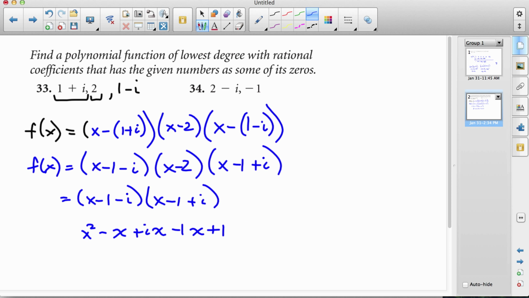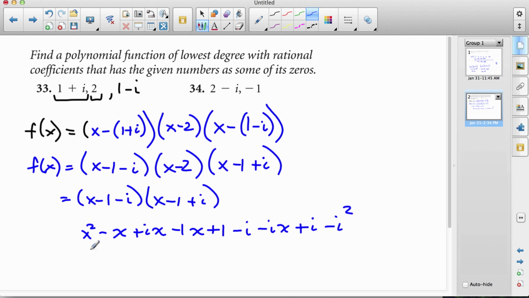Negative 1 times i would be a negative i. Okay, now the negative i one. Negative i times x is a negative ix. Negative i times negative 1 would be a positive i. And then negative i times i would be negative i squared.